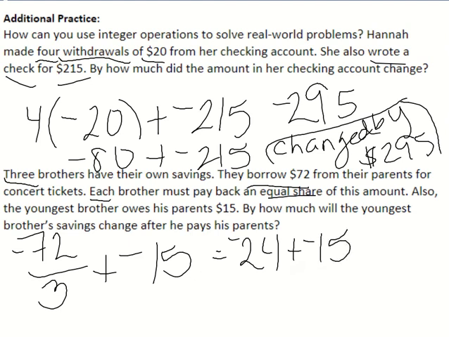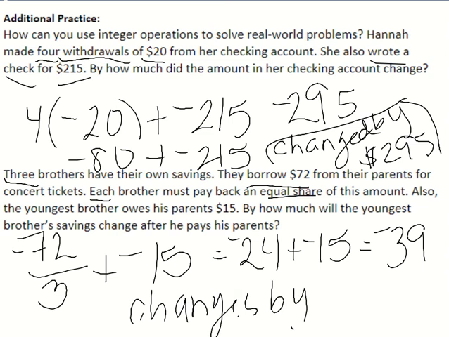So we need to find out what the total is. So same sign, we're just going to add them together. 4 plus 9, or 4 plus 5 is 9. And then 2 plus 1 is 3, and he owes it, so it's negative. So we want to know by how much will the youngest brother's savings change after he pays his parents. Changes by $39.